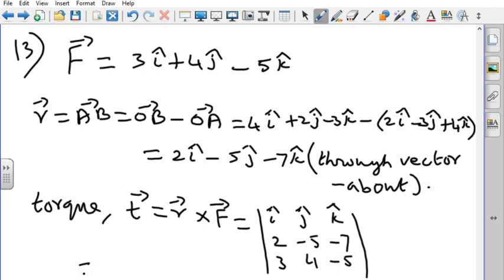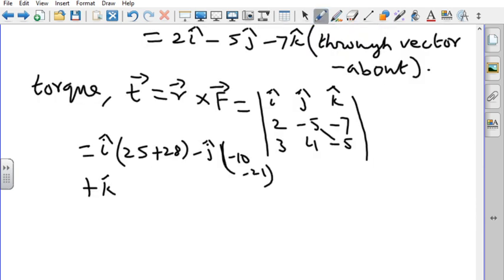So it is equal to i cap into, multiplying first, 25 minus of minus 28, then minus j cap into minus 10 minus 21, then plus k cap into 8 plus 15.